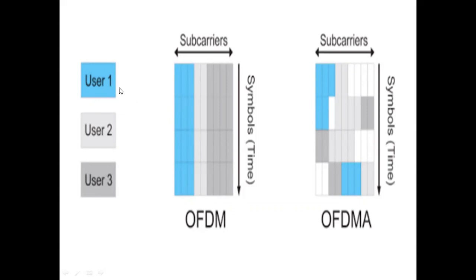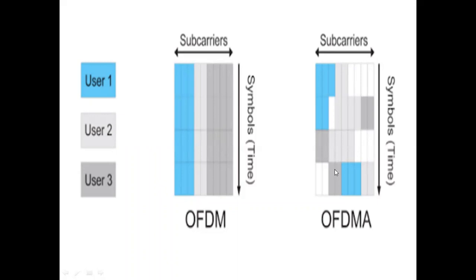This is ash color. So user 1 can transmit his information at this particular time. After the completion of user 1, user 2 can transmit the information. And after user 2 completes, user 3 can transmit the information. That means at a time, one user can transmit the information in OFDM.